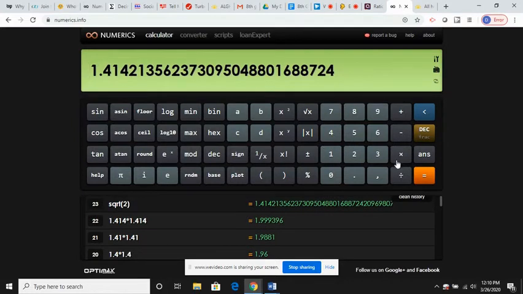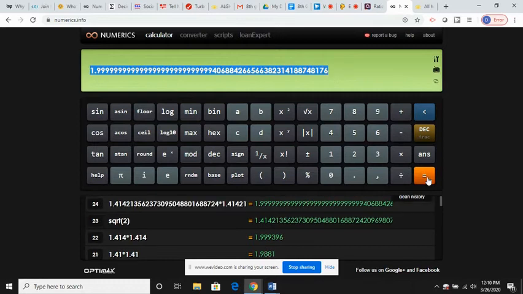And then I'm going to multiply it by itself. Look at that. It is almost exactly 2, 1.9999999, but it's not exactly 2. So you can take as many as you want, and you will never get exactly 2. And that's the crazy thing about the square root of 2.